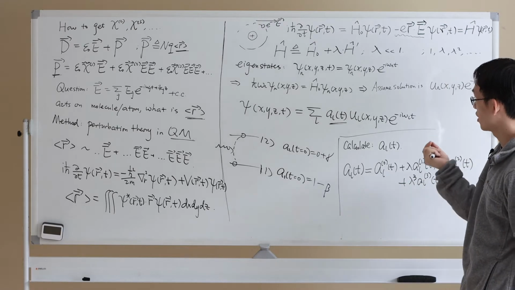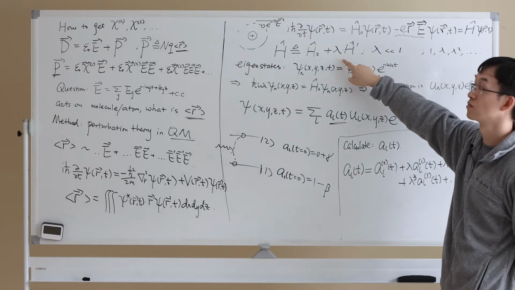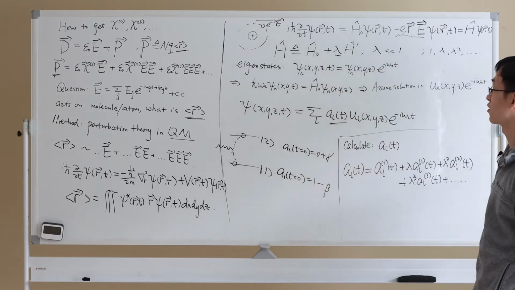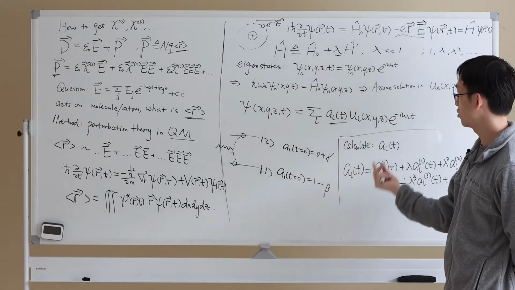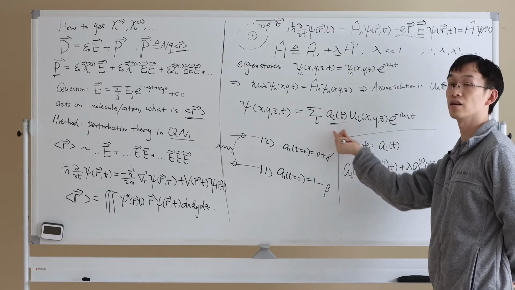The perturbation comes from this term, and lambda determines the strength of the perturbation. So you do a Taylor expansion for each individual A.